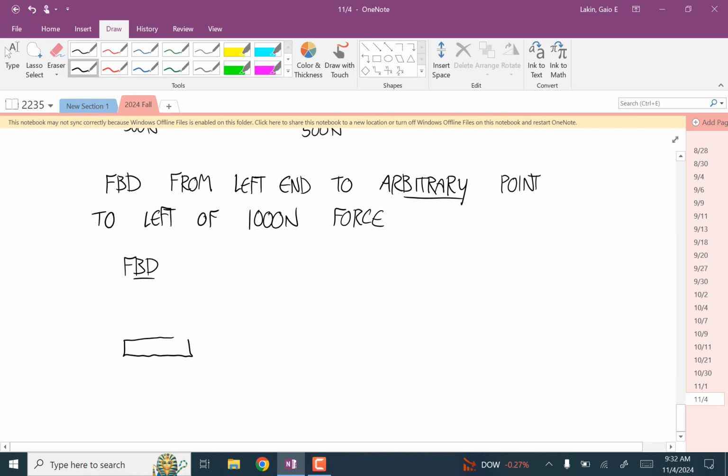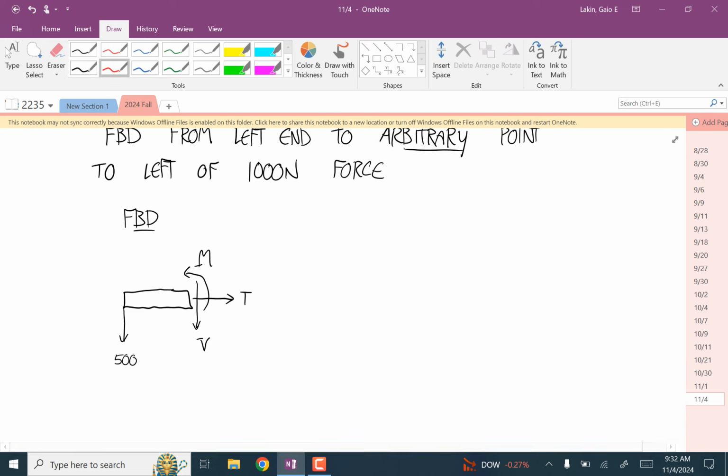So this time I'll draw it like this. We have the 500 Newton force. We have the internal loads. And this time our distance from the left end to the right end of our piece is x.